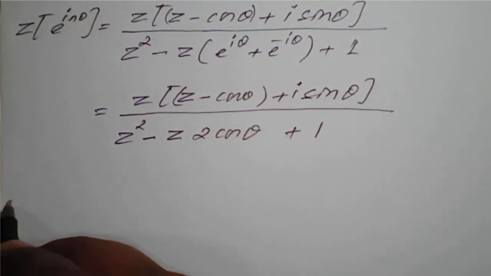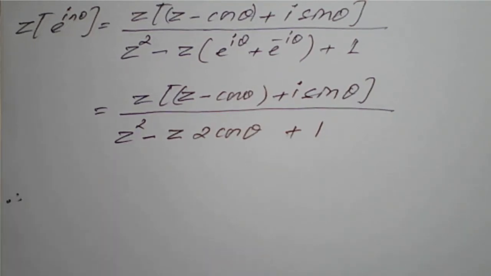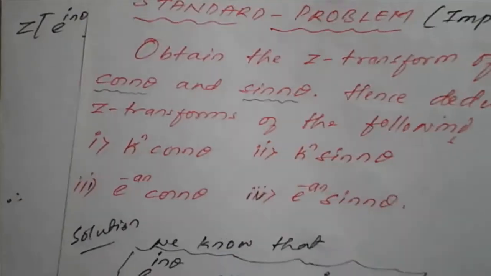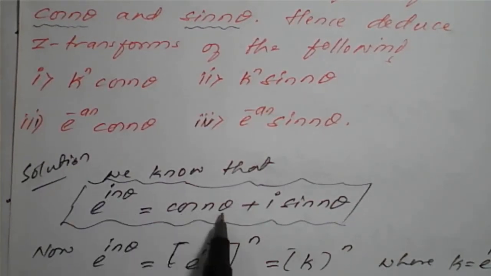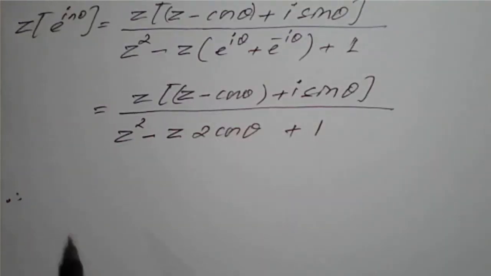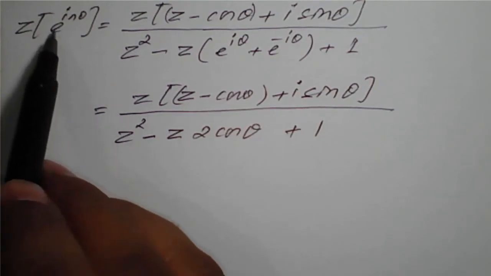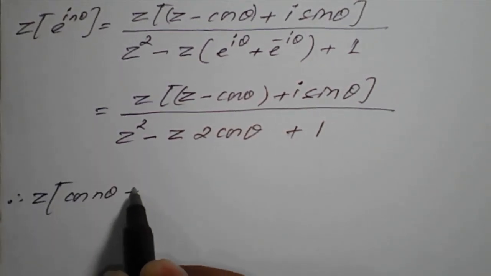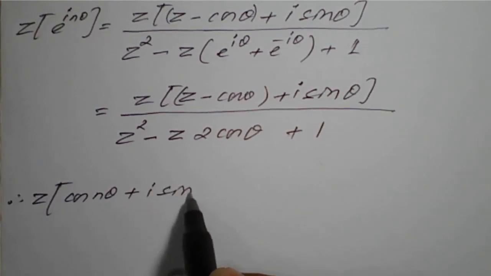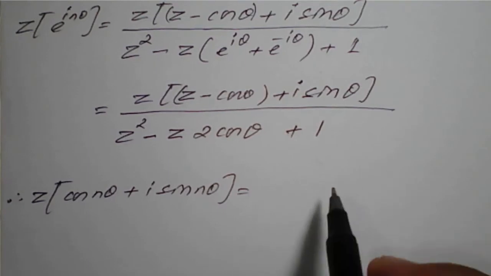So therefore we know that e raised to I n theta is nothing but, because already we have seen in the beginning, e raised to I n theta is cos n theta plus I times sin n theta, that I will enter here. So z transform of, instead of writing e raised to I n theta, I will write cos of n theta plus I times sin of n theta is equal to the right hand side as it is.